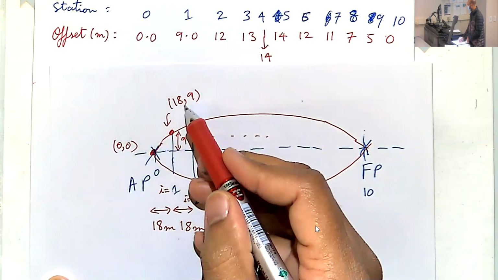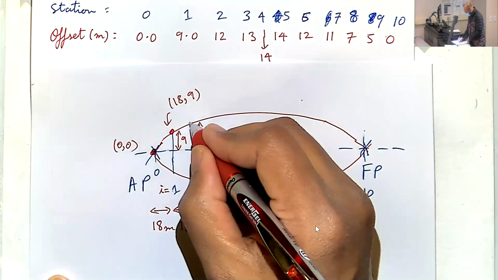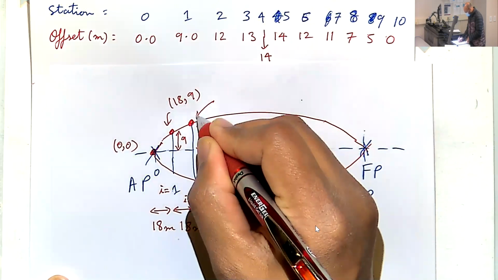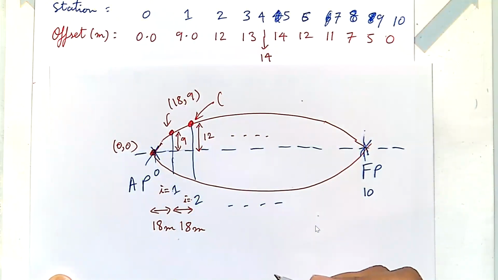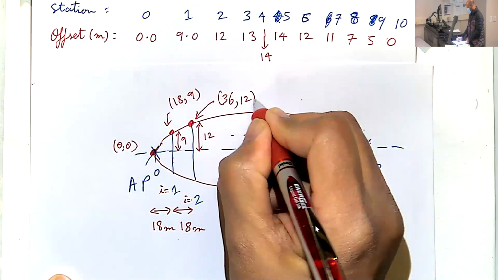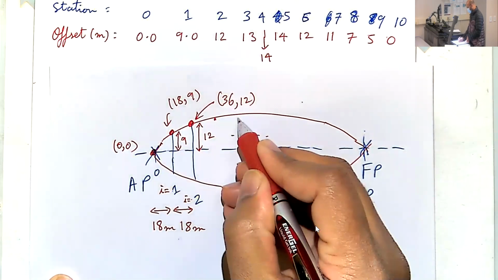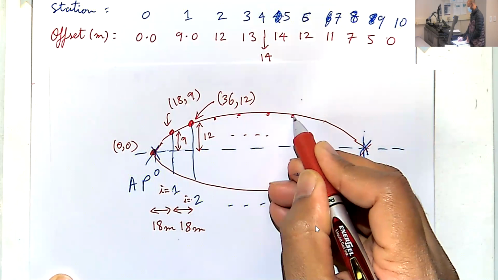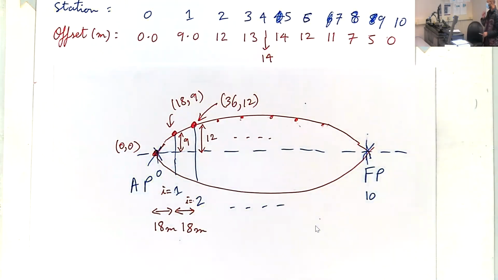Not x equals 18, not x equals 1, not x equals 2. What about this guy? 36, 12. Yeah, 36, 12. See, and you have these coordinate values for all of the 11 stations given to you.